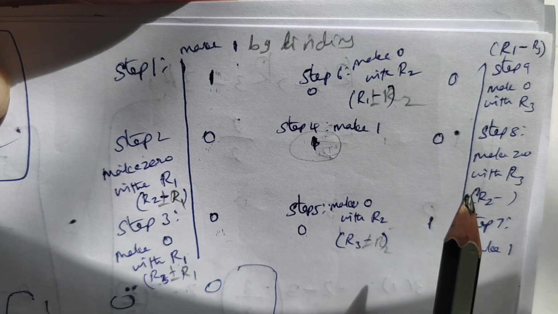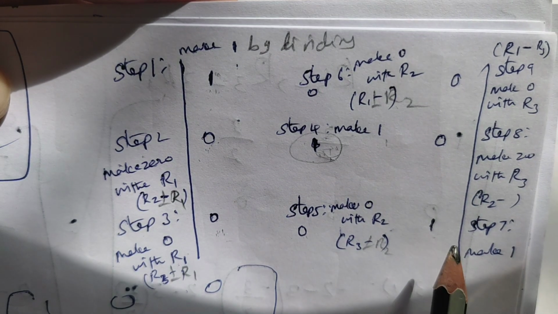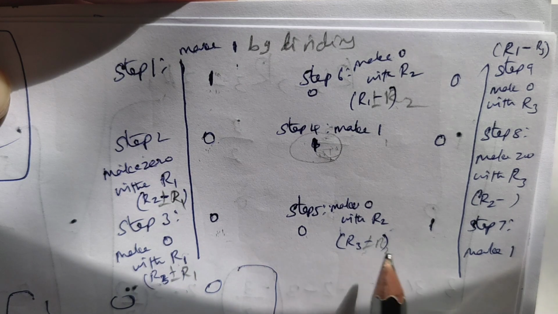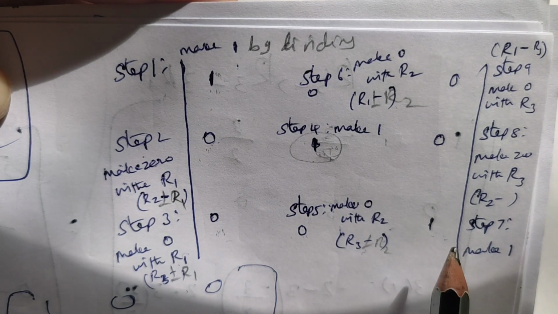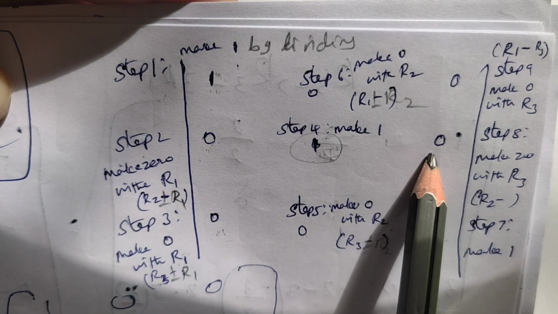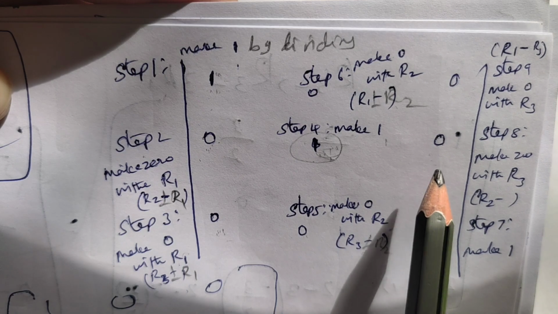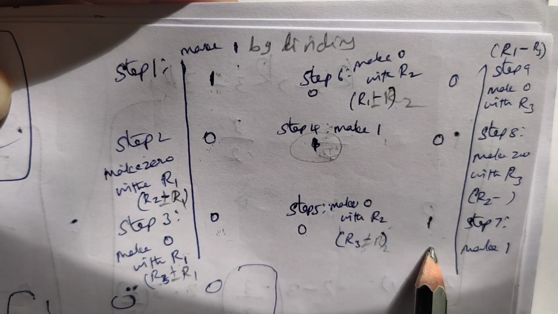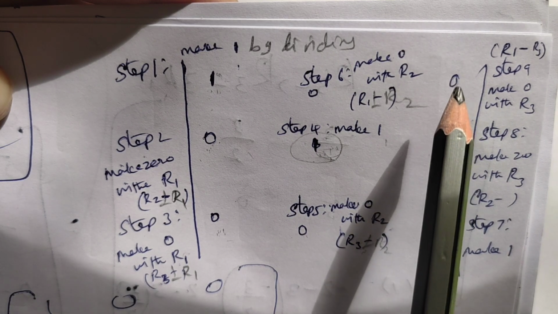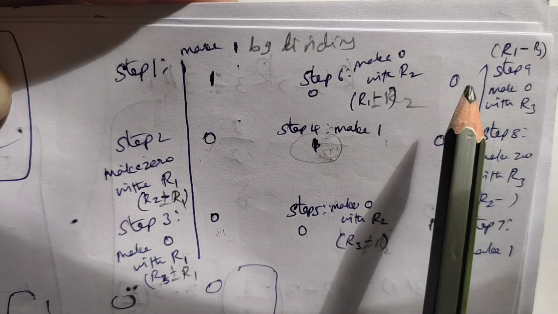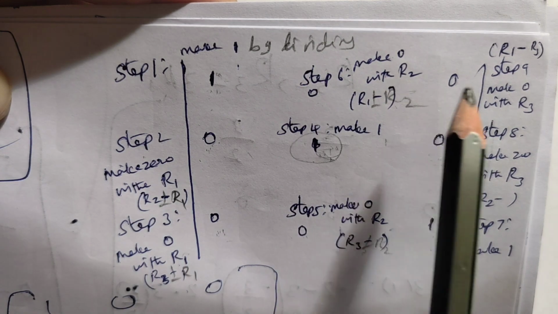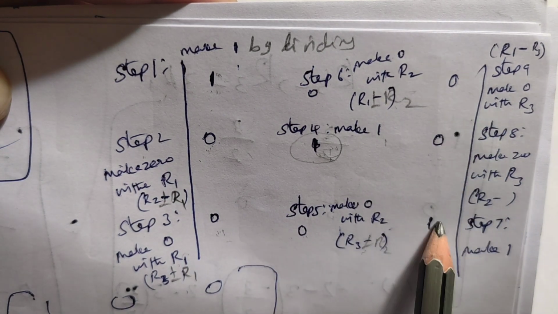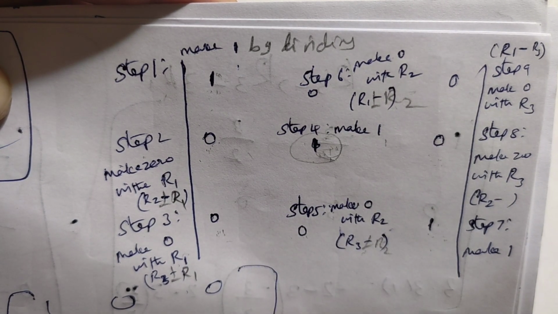And step 7 is make the last element of row 3 1. And the next step is make the third element of the second row 0 with the help of R3. And the last step is make the third element of the first row 0 with the help of R3.